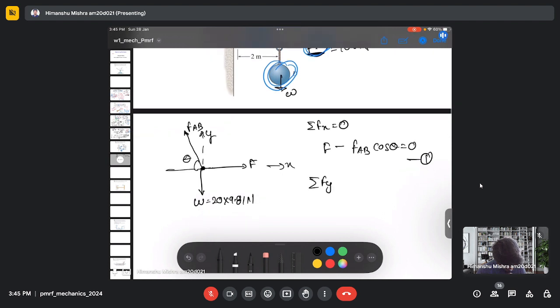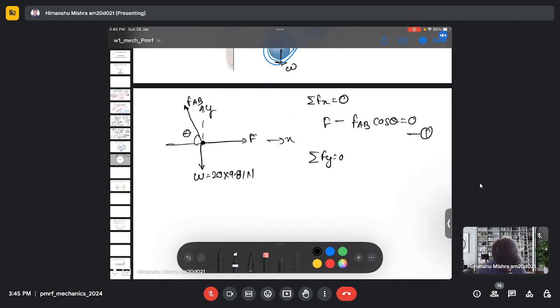The summation of Fy will give us W minus FAB sin theta equal to 0. And this is my equation 2. And W here is 20 into 9.81.